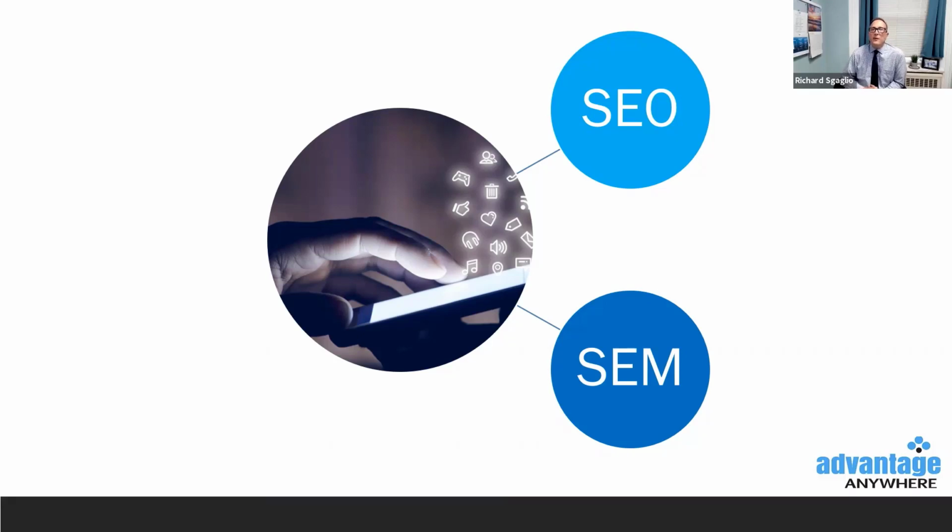If you're putting dollars into search engine marketing and you're getting people to your website and there's no real content there to educate them on what you do and win them as a customer, guess what? They click away and they go somewhere else. The same thing is true if you have the greatest website in the world, it's rich with content and nobody can find it. Well, guess what?